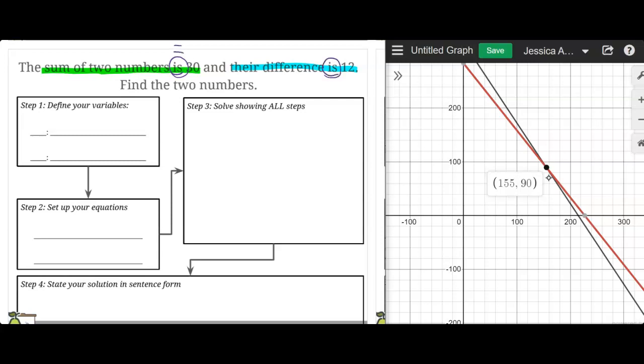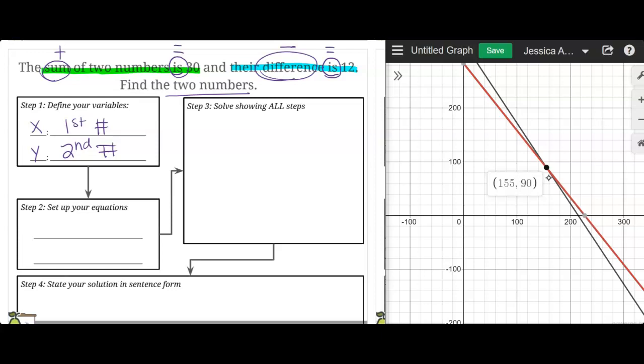So anytime you see is in a sentence in math, you should think that's going to equal something. Then we can remember that sum is to add and difference is to subtract. Since we're finding two numbers, those will be our variables, x and y. And I'm just going to call them first number and second number.